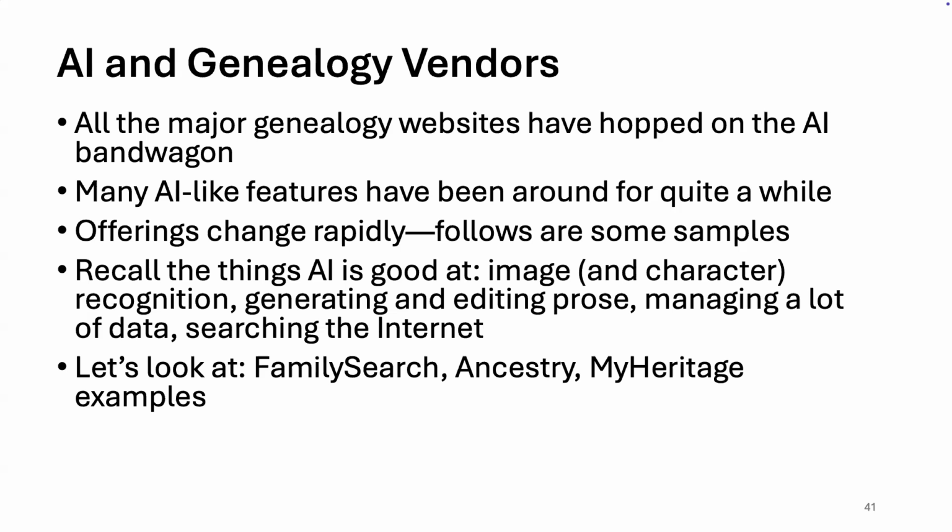Some of these AI features have been around for a while. If you remember when the 1940 census came out, what was that, like April of last year, maybe? Yeah, when the 1930 census came out, in order to index it, they fed this to an army of a couple thousand volunteers. Some of you may have volunteered, right?